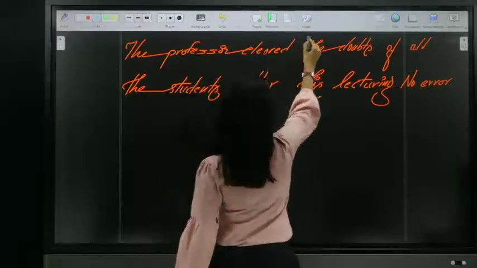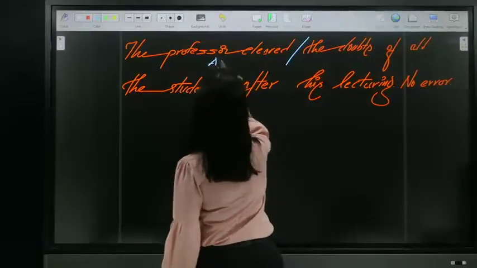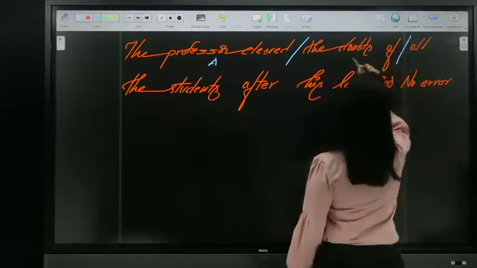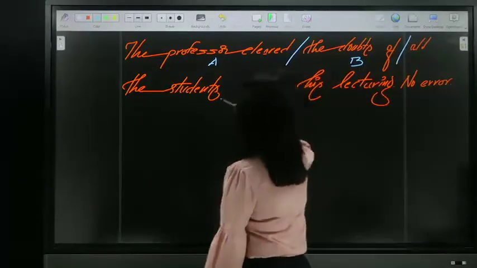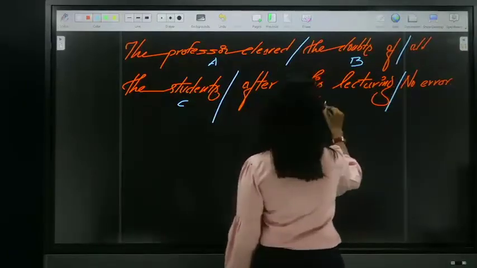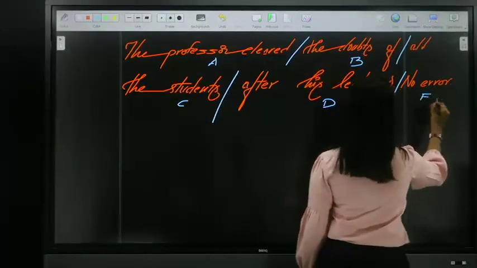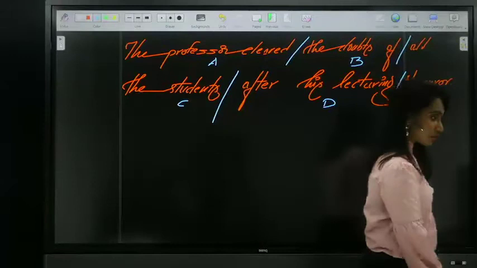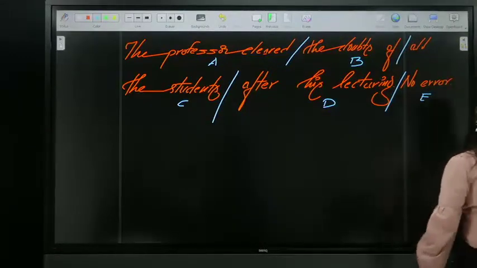The professor cleared the doubts of all the students after his lecturing. Option E, no error. So, give the answer with explanation.